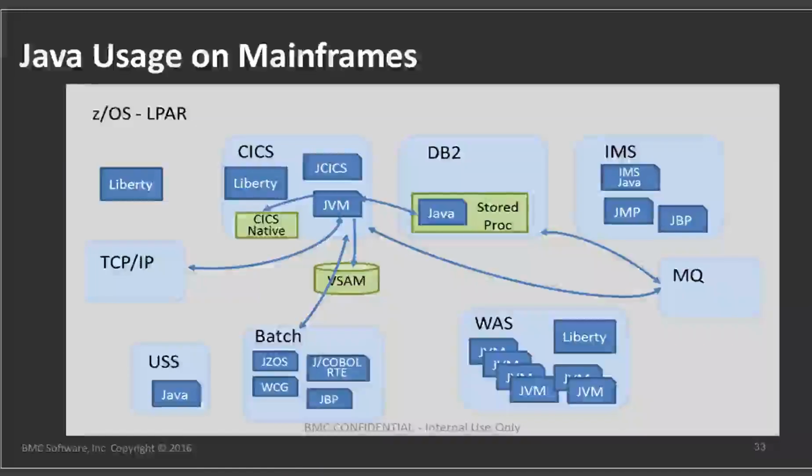So what it can look like now or in the near future is you can have Liberty Profile and JVMs sitting in CICS and in IMS, and you get Java in stored procedures, you've got a bunch of WAS, and a bunch of batch. Most companies start using Java by looking at their batch first.